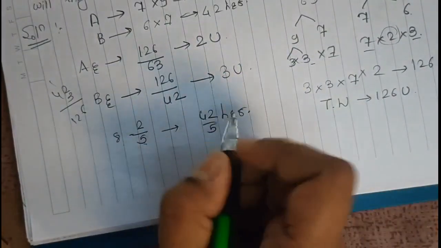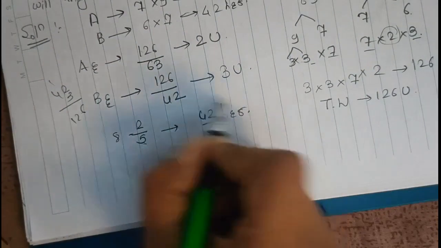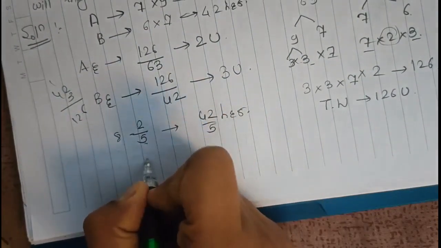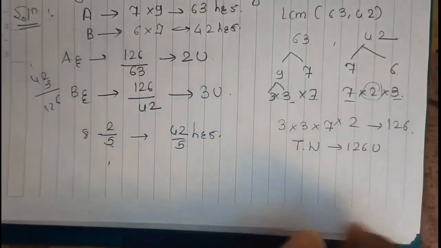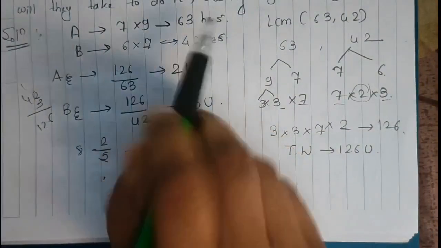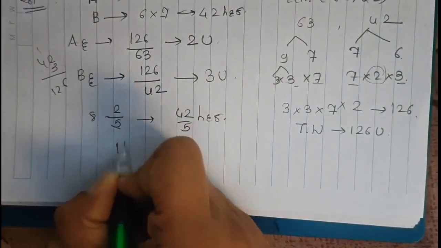So in one day they are working for 42 by 5 hours. So if we find for this 42 by 5 hours, how much they are doing in only one day. As we have completely converted this into hours, we can find it for 1 hour, right?